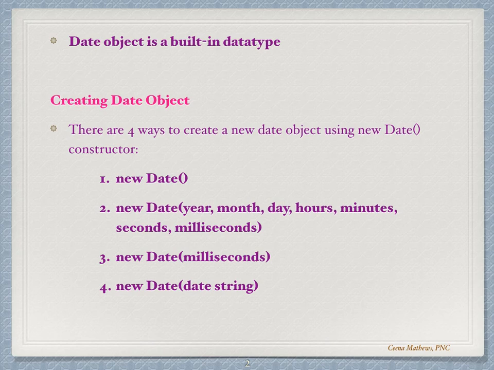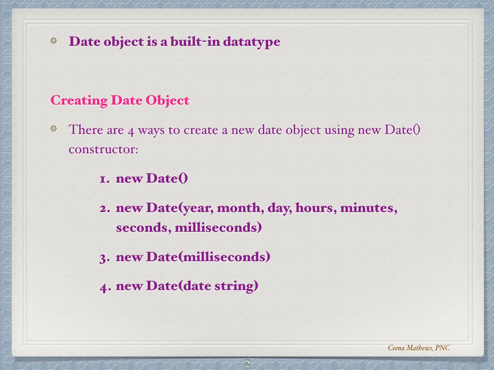The first one is new Date(), and in the second one we use new Date with the 7 parameters within brackets, which are year, month, day, hours, minutes, seconds and milliseconds.